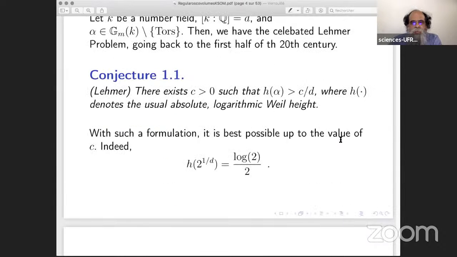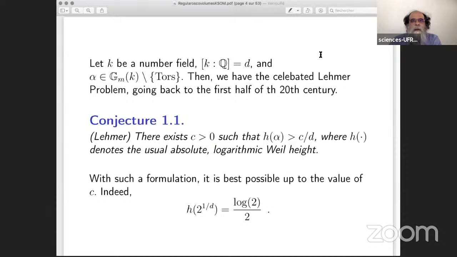So we fix a couple of notations. We take a number field, and you fix the degree, and you take some alpha in the multiplicative group minus the torsion.